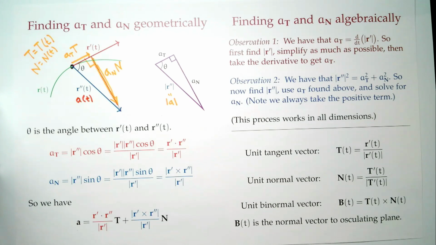Almost never do we find the unit normal, but the book mentions these terms, so we'll throw them in just as a freebie. The binormal is found by saying, I want to be perpendicular to both. Well, if I want to be perpendicular to both, take the cross product of both. Now you might say, hold on, wait a second. You forgot to divide by the magnitude. Or did I? What's going to be the magnitude of the cross product?